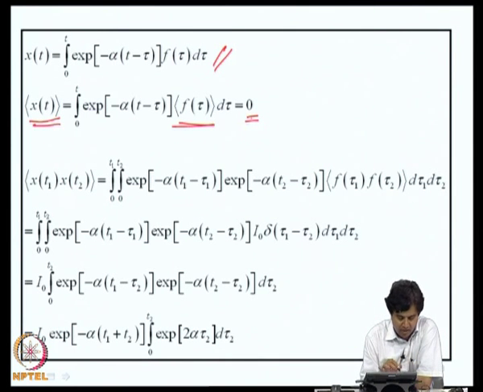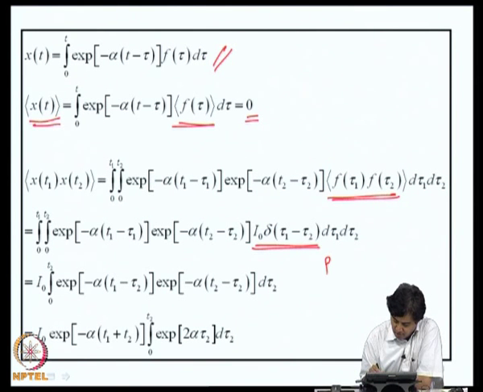Now, how about covariance? To do that, I take the expected value of x of t1 into x of t2. This is this double integral and the expectation operation is inside here. Since f of t is a Gaussian white noise process, I can write this covariance in terms of Dirac's delta function.